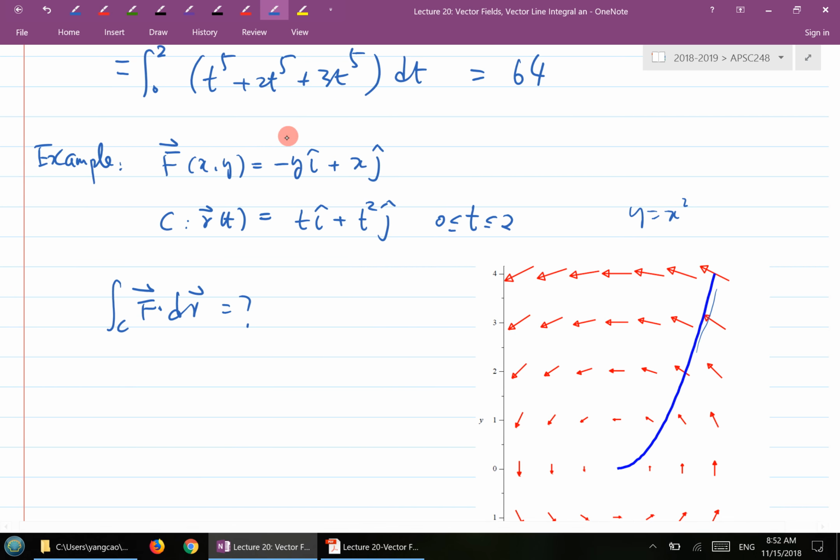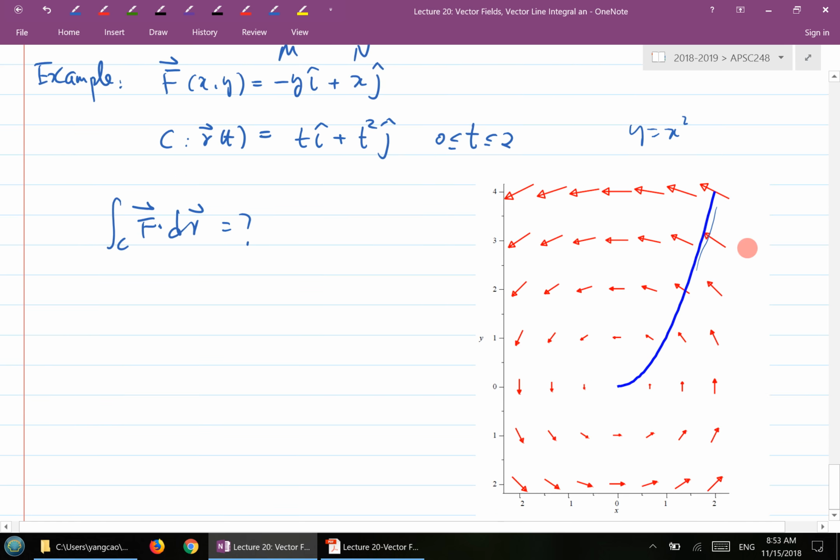So the F here is equal to M i hat plus N j hat. It's very much like this. So F equal to M, N. We're using 2D to illustrate.